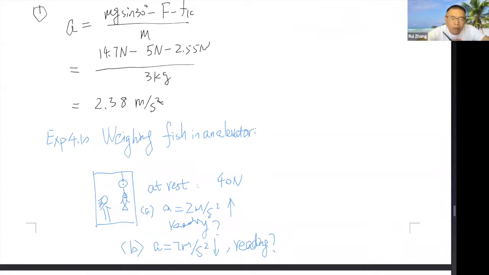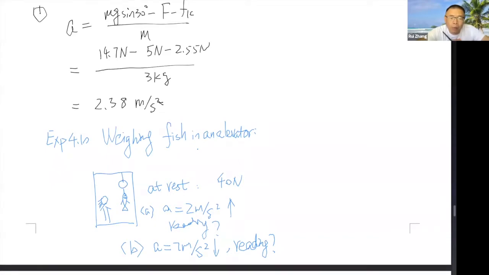As you see here, the scale is connected to a fish by a piece of string, or a hook or whatever. But what is really measured is not the weight of the fish, but the tension in the string. Do you agree? It's the same thing whatever scale you use.